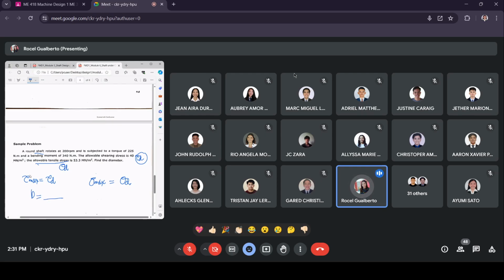Diameter coming from this maximum shear and diameter coming from the maximum normal. With these two answers, just choose the bigger one. And that would be your final answer. So again, we have to solve both since we do not know the type of material.